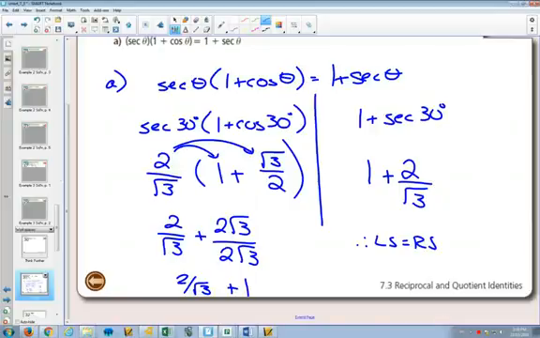How many more angles would you have to verify till you've done them all? Oi. All of them. Lots of them. So that's where the proving part comes in. What we've done right here is we verified it. That's part A. Had we done part B first, which was proving it, it means it works for all angles.